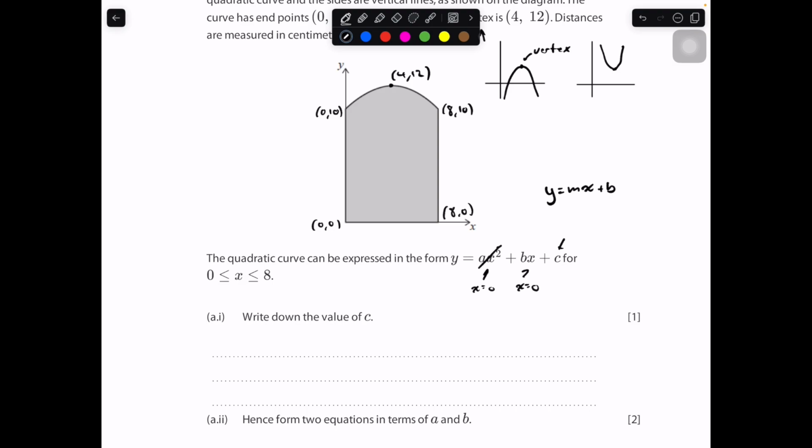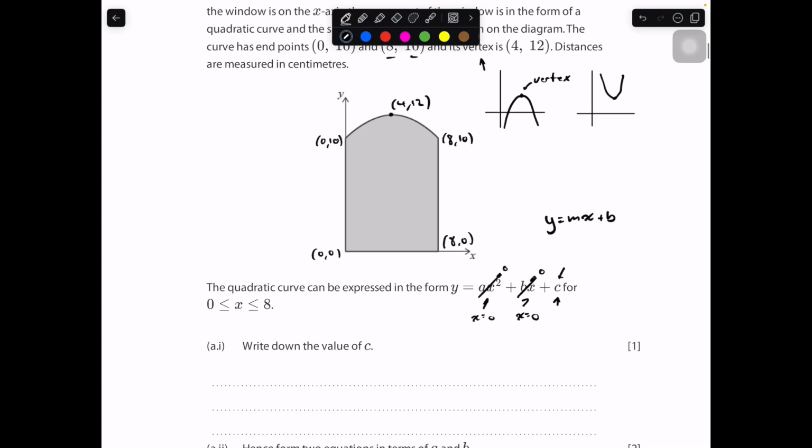This is going to go to 0, this is going to go to 0, and we're just going to be left with the value of c. So substituting (0, 10), y is equal to 10 when x is equal to 0, plus c, we have 10 is equal to c.